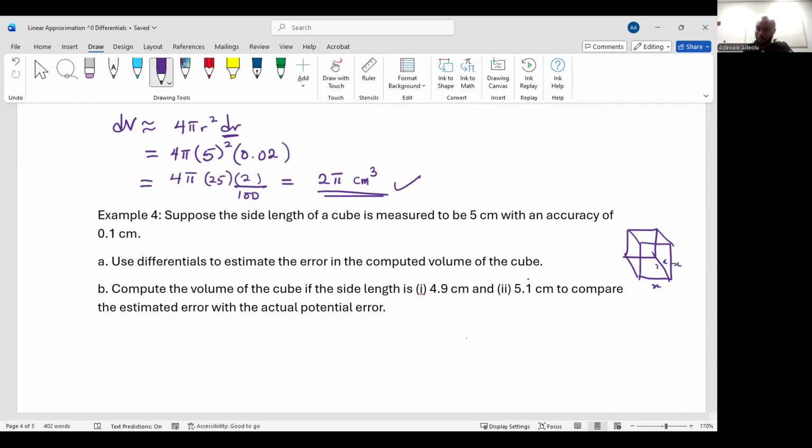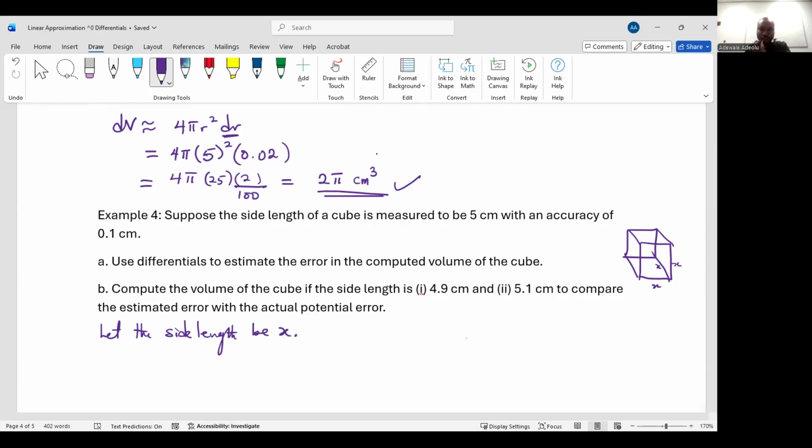Now suppose the side length of a cube is measured to be 5 centimeter, let the side length be x, with an accuracy of 0.1 centimeter.